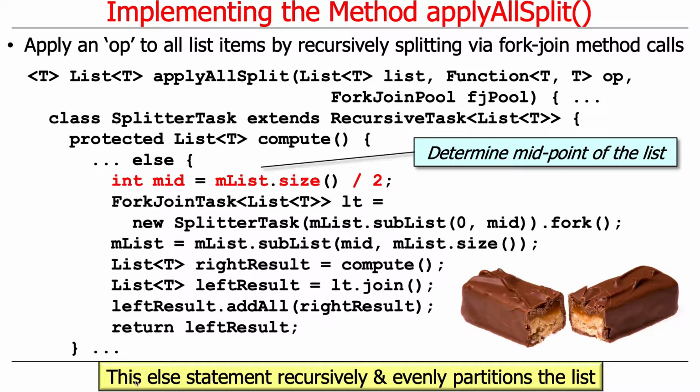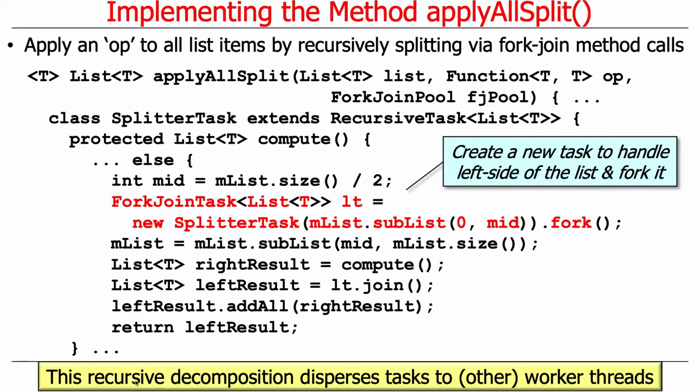So let's go ahead and take a look and see how this is going to work. The first thing we're going to do is create a new task. So LT, L stands for left, so left task, LT, is going to be set equal to a new splitter task, which is going to be a sublist of the original list from 0 up to the midpoint.